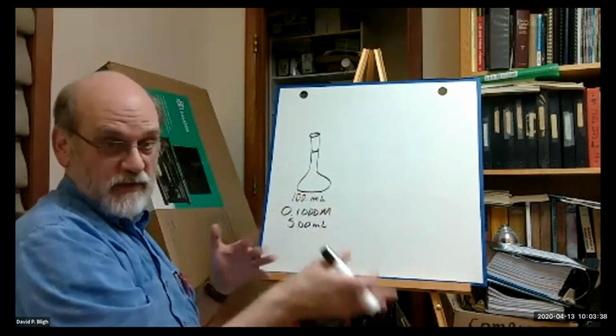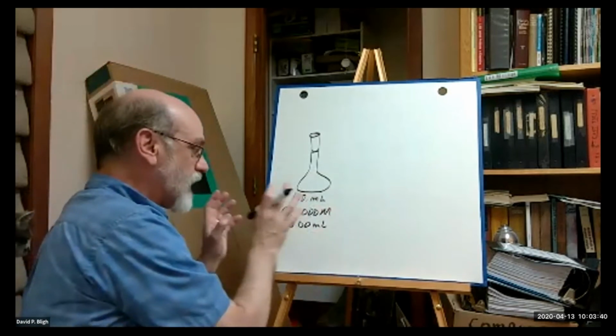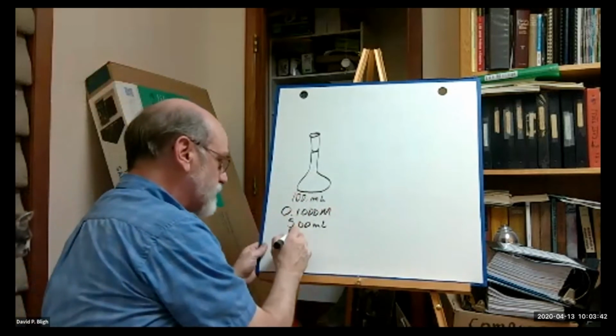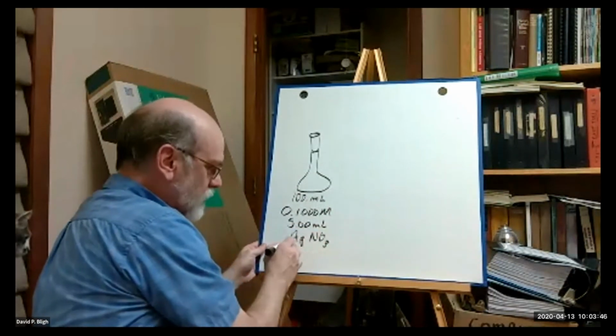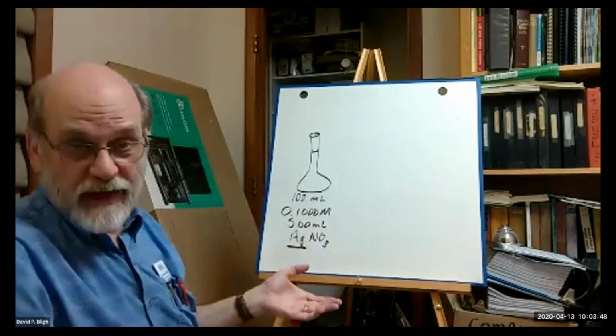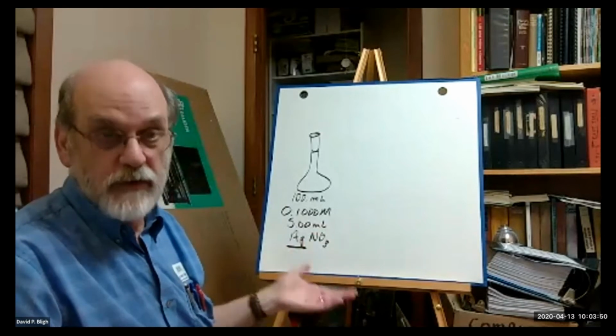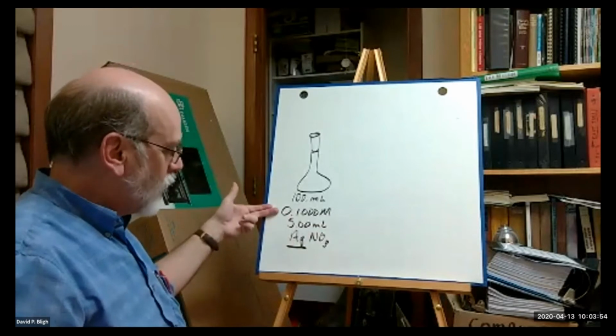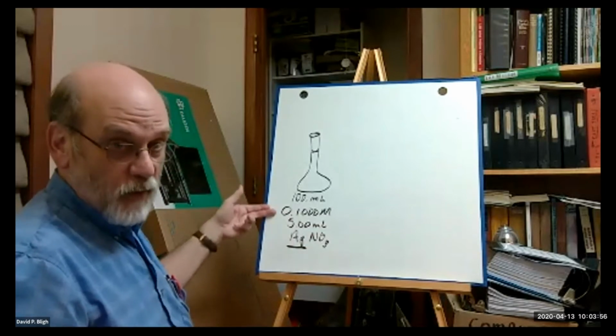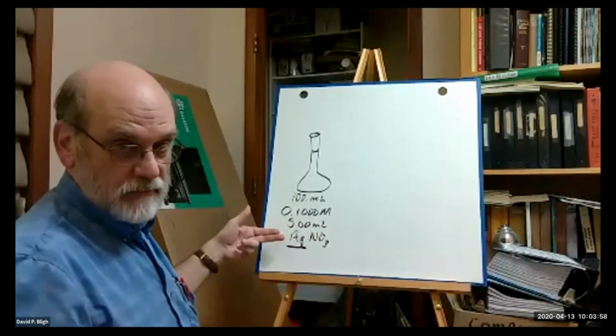M1V1 equals M2V2. Right? So you can calculate the exact concentration of silver. You don't care about nitrate, it's a spectator. All you care about is silver. So what's the concentration of silver? Well, if it's 0.1 molar silver nitrate, it's 0.1 molar silver.